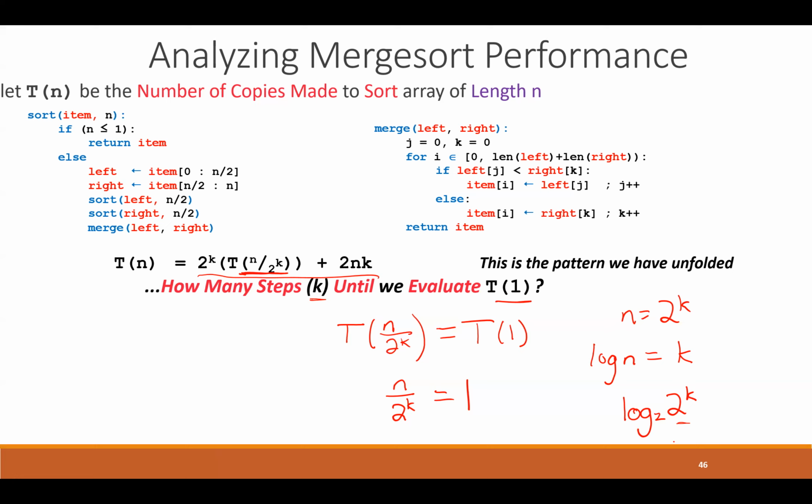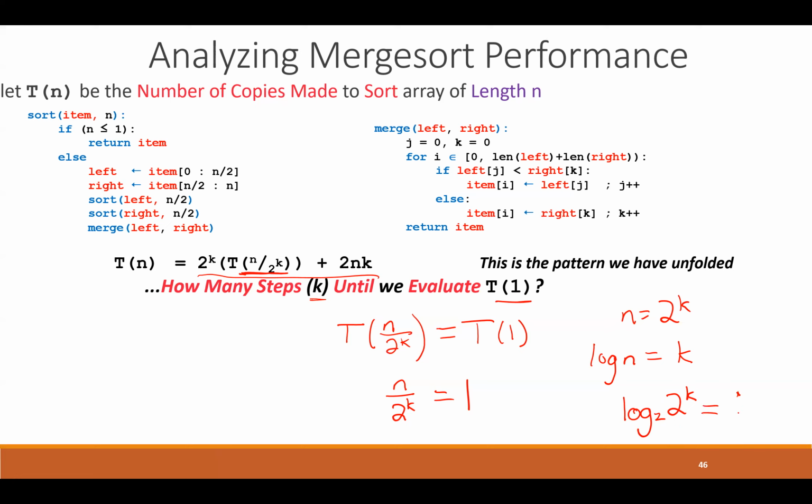That's sort of what log does. Well, it's actually exactly what log does, but there are other ways to phrase it. So how many times can I divide 2 to the power k by 2 before I get to 1? Well, k times, right? So this is equal to k.